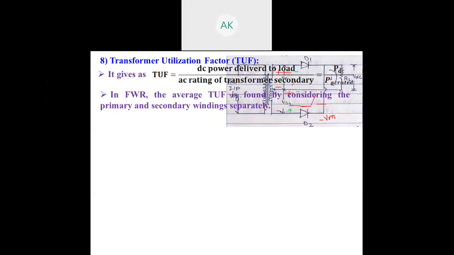This terminal is also, sorry, negative, and this terminal is positive, for the upper half of the transformer. Due to that, this diode is reverse biased and this diode is now forward biased. So for this situation, this diode is turned on and this diode is turned off, so it behaves as an open switch.